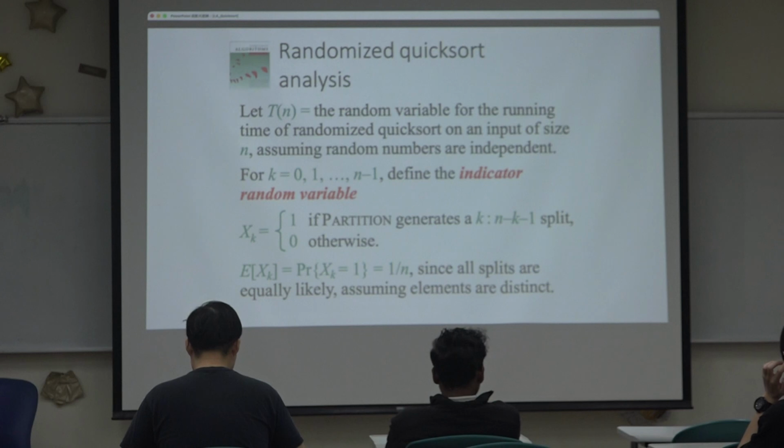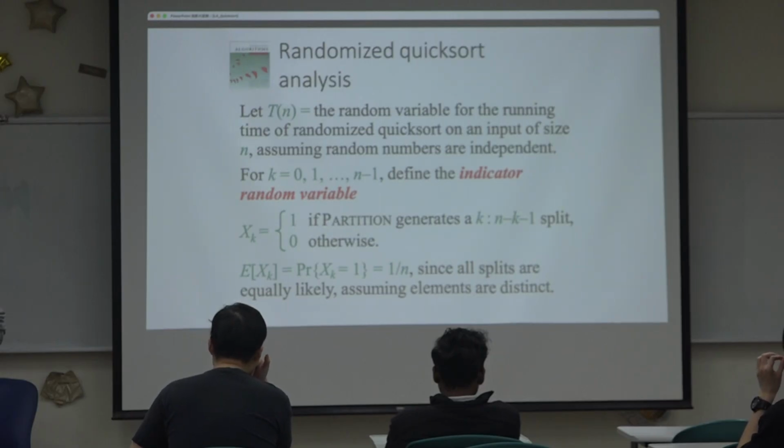Remember, when we do the analysis of time complexity, of course, one way to do it is the worst case analysis, right? There's another analysis I mentioned, the average case time complexity, and that is the one I'm talking about here.